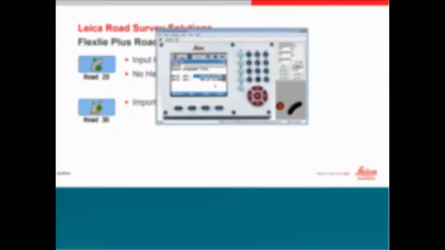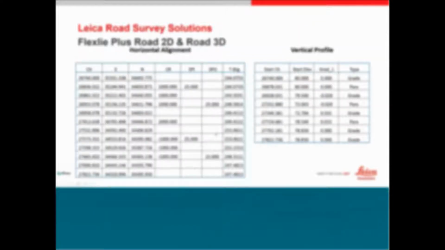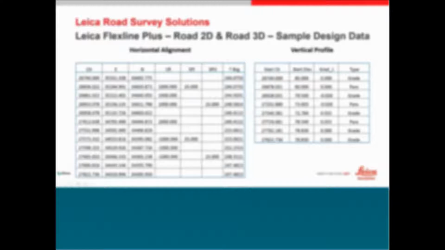In Road 3D on FlexLine Plus, you can only keep one design at a time. So that is the introduction, and I also include some design data for you all to play with if you have free time. For those of you who already have some ideas about road, you can start using the data to do some testing or practice.